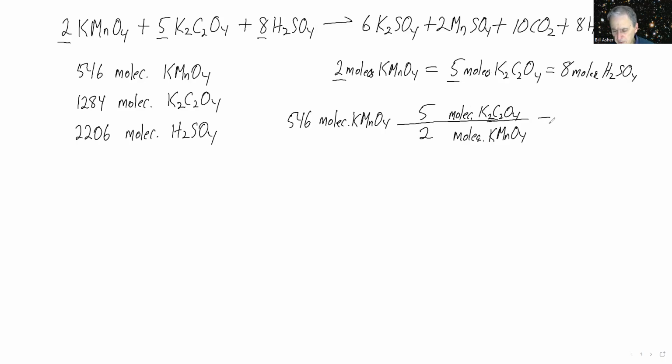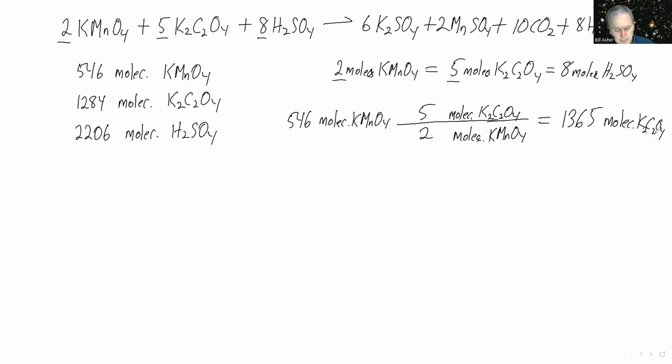I'll get my calculator out: 546 times 5 divided by 2 is equal to 1,365 molecules of K2C2O4.